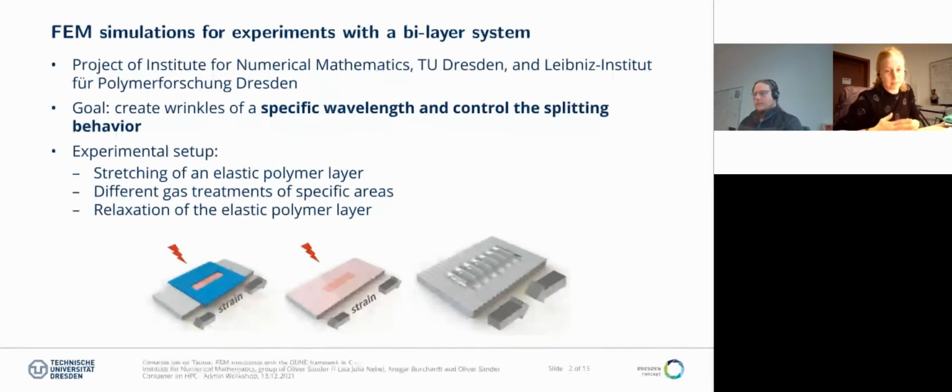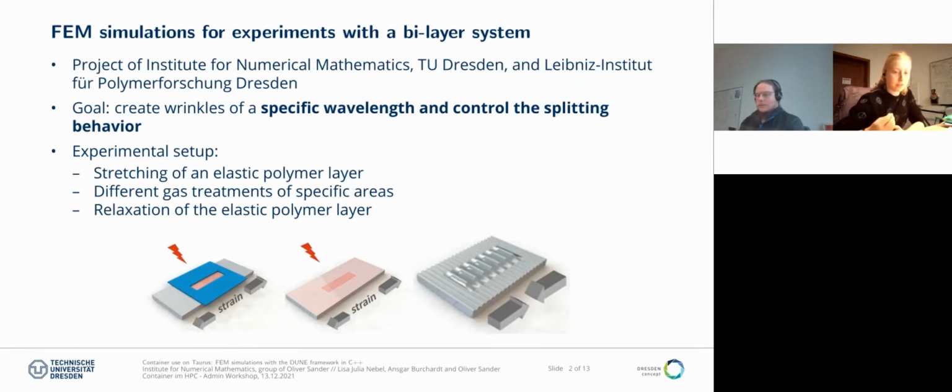So here you can see the polymer layer on the very left, and there's a mask that's covering part of that, and then we have first a treatment with the mask, and we remove the mask, and then a second treatment. And then we have different areas with different material properties. And afterwards, we let the elastic polymer layer relax again. The whole layer shrinks, and then we have wrinkles forming, and the wavelength depends on the treatment this area has received before.